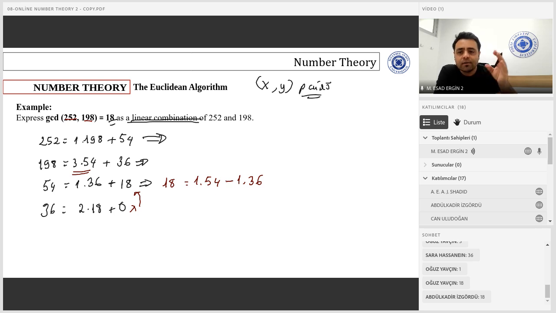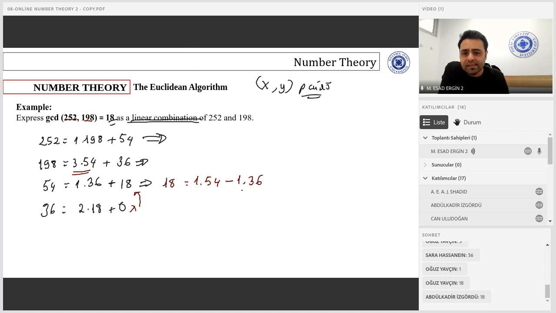Here, for example, we have 36, or here we have 198. Do not multiply. We just think that we have 3 times 54, or we have 36 2 times. Okay, do not multiply them.